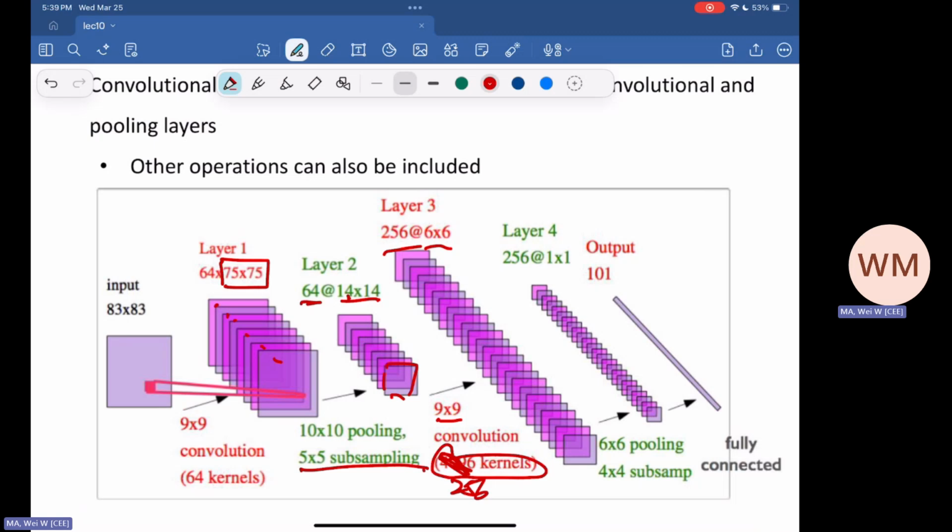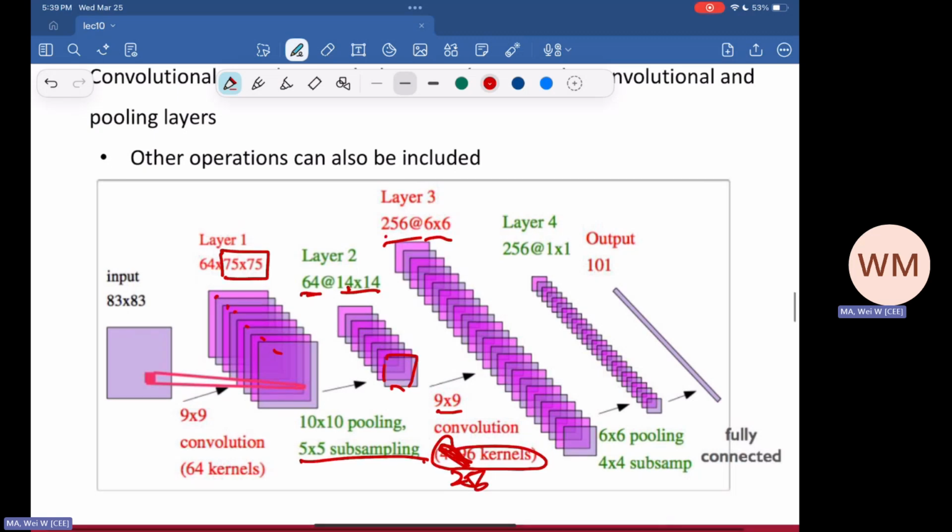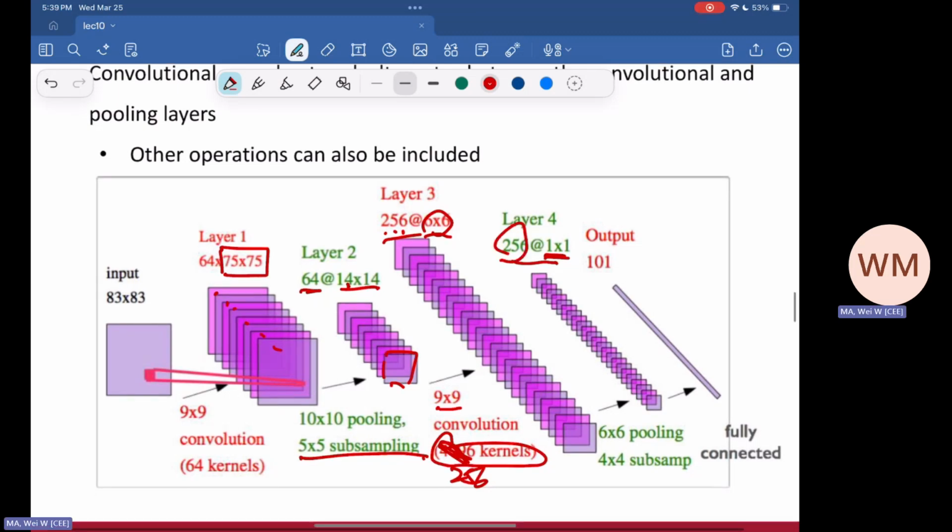Then I do a subsampling again, changing it to 1 by 1, so it becomes 256 images of 1 by 1. A 1 by 1 image is just a scalar, so here it becomes a 256 vector.